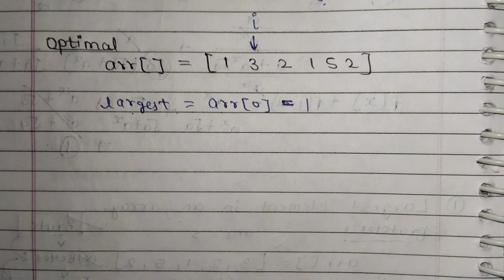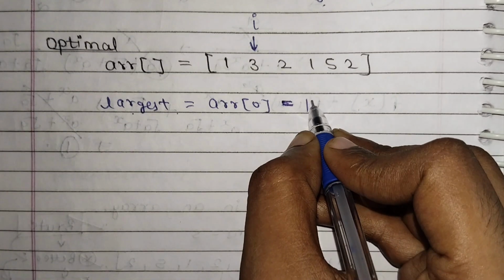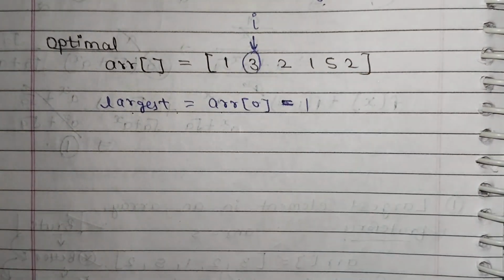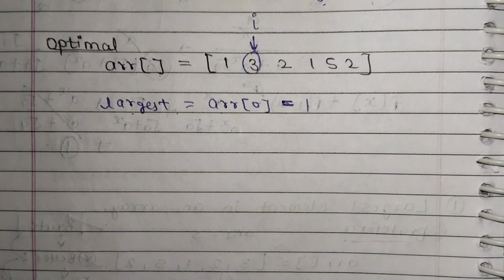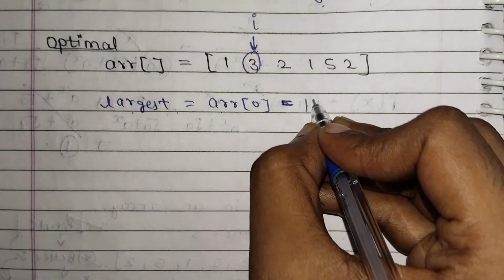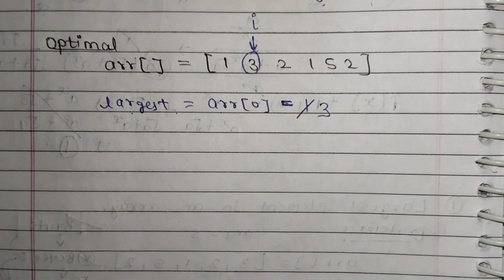If arr of i is greater than largest, we update largest to that arr of i. Here arr of i is 3. Are you greater than largest? Yes, I am greater than largest. So update yourself, and we update largest.